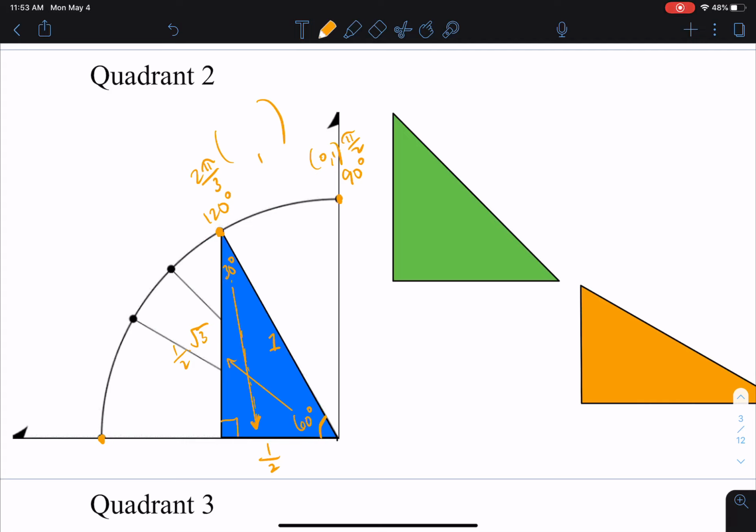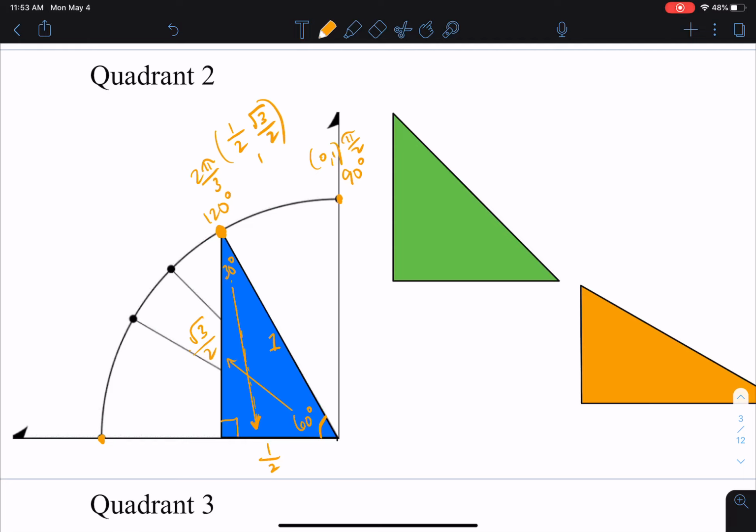So when you multiply those together, you get the square root of 3 over 2. That means the x is 1/2, and then I'm going to go up square root of 3 over 2 to get to the dot right here. So 1/2, square root of 3 over 2. Those are the coordinates for when we had a 60 degree angle.